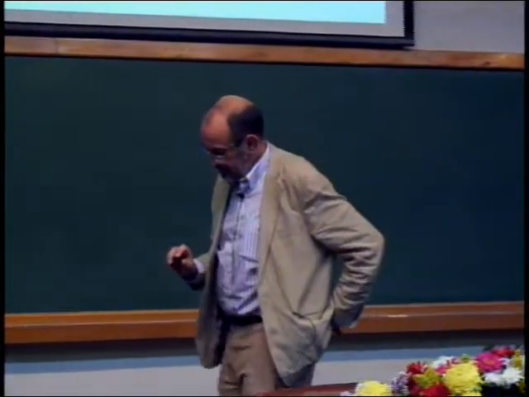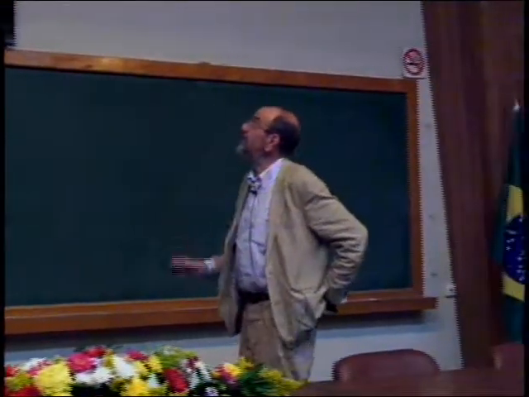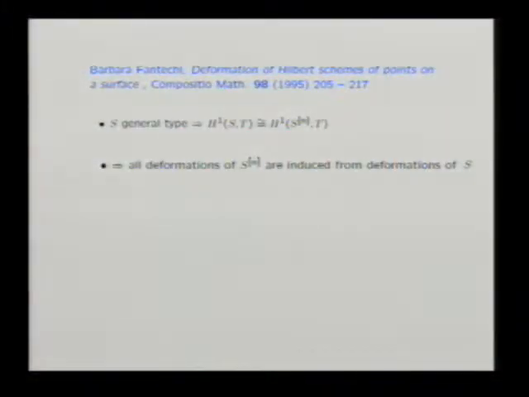Well, this question was something which occurred some years ago to Barbara Fantechi, and she wrote a paper about this, where in particular one of the main results was this: that if S is a projective, smooth algebraic surface of general type — and as you can imagine, the words general type mean that most surfaces are like this.